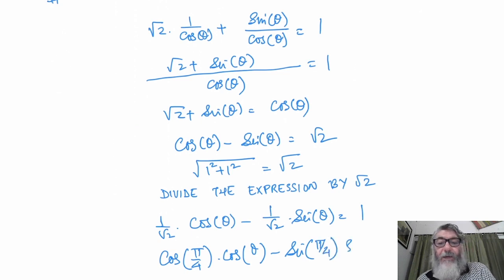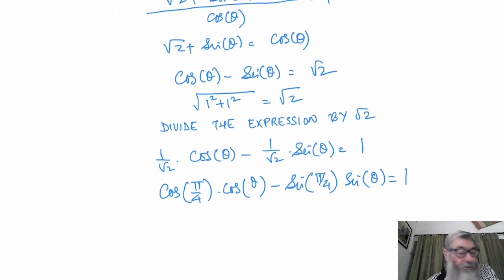Cos A cos B minus sine A sine B. So it will become cos A plus B. So cos pi by 4 plus theta is equal to cos 0. Cos 0 is 1.